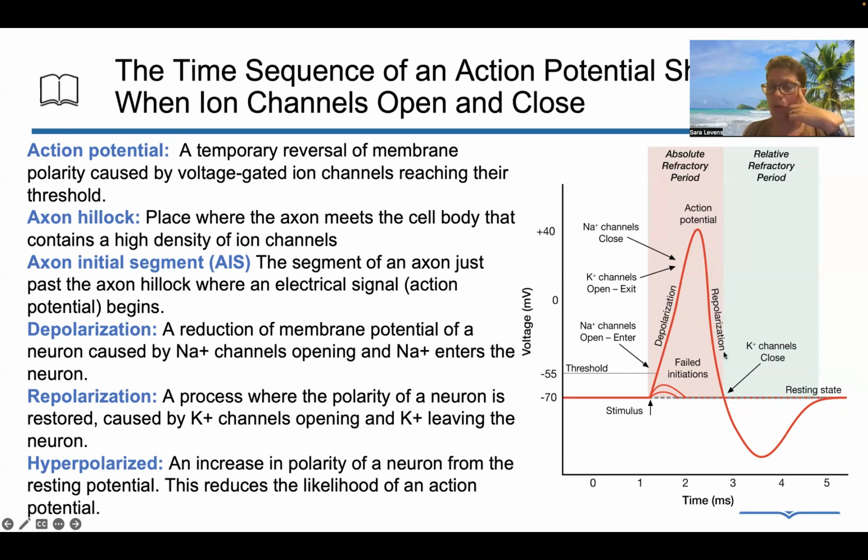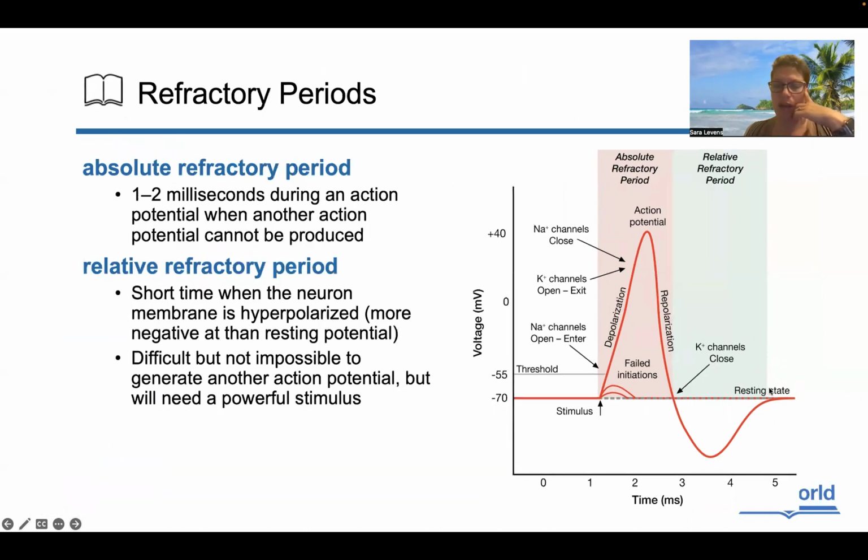Sometimes, though, even though they close, it can go more negative, and it takes time. So you have this period past here where it's after the action potential, but it's still trying to return to resting state.